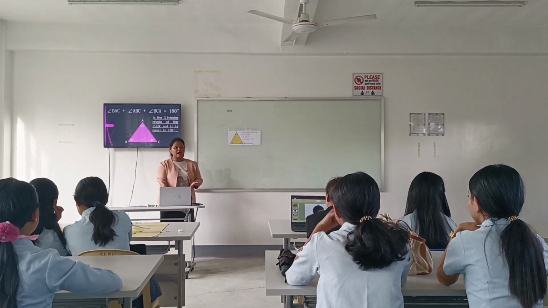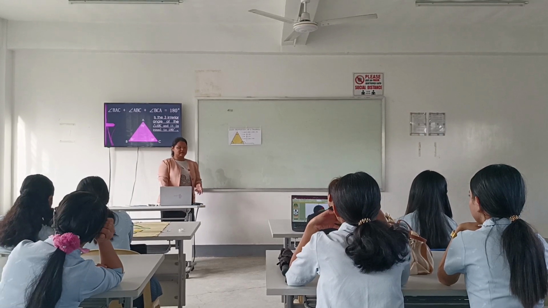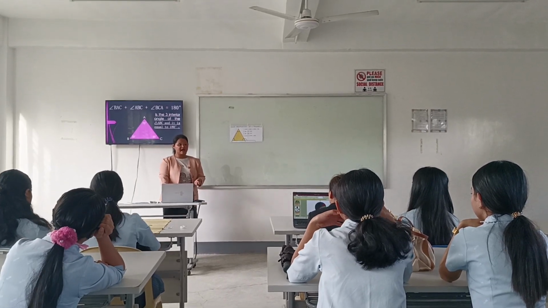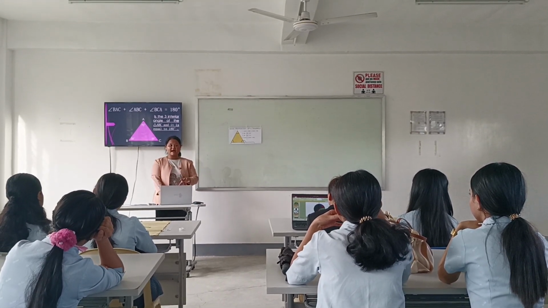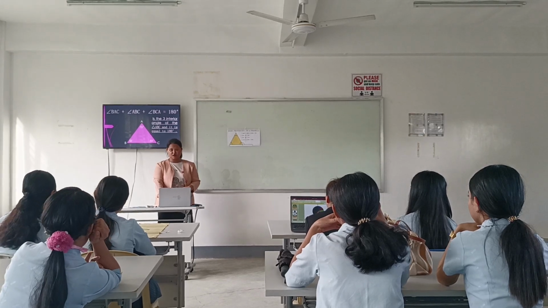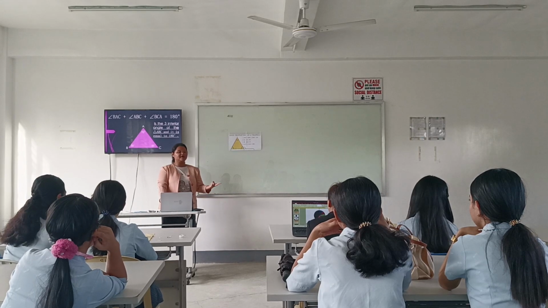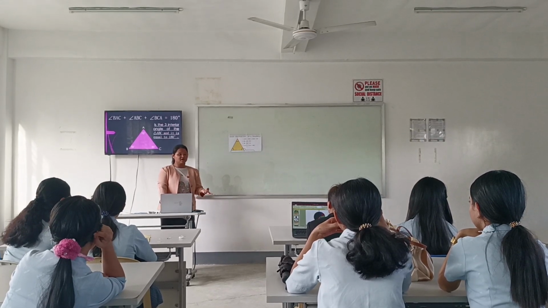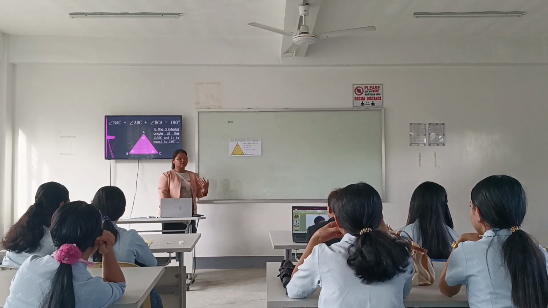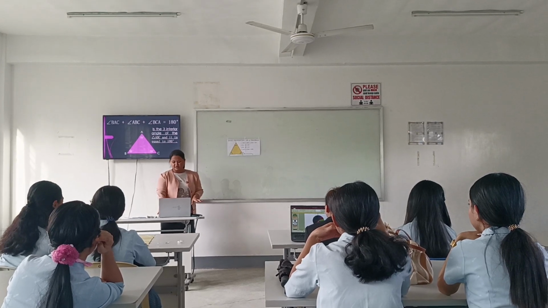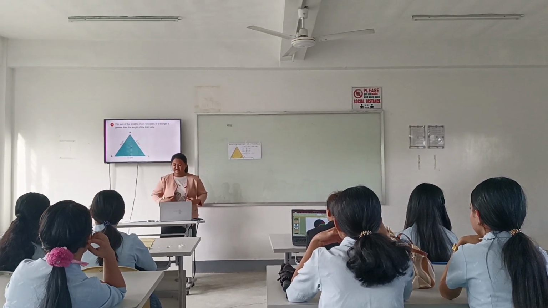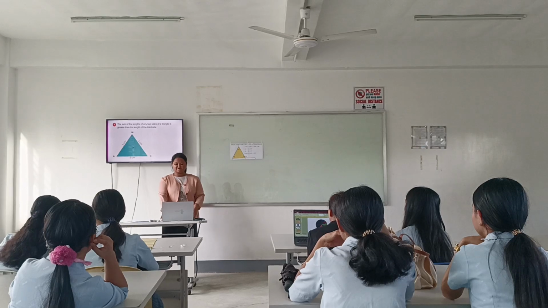And we already know how to get the missing angle of the triangle. We just add the two given measures of the angles, and we subtract it from the total of 180 degrees.